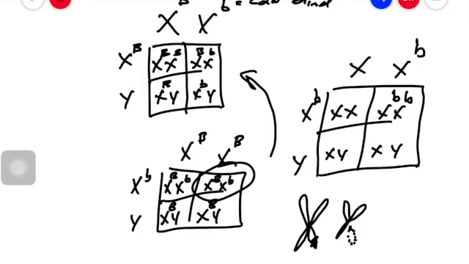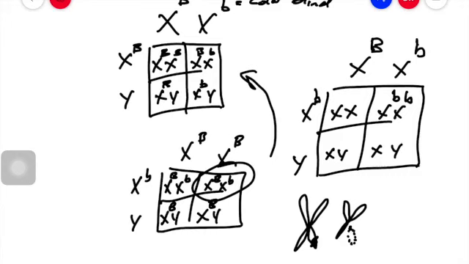Now, if she's colorblind, that would guarantee that all the children will be colorblind. But if she's a carrier, half of the girls could be colorblind and half of the boys could be colorblind. So the probability is 50-50, but only if the mother is a carrier and the father is actually colorblind.